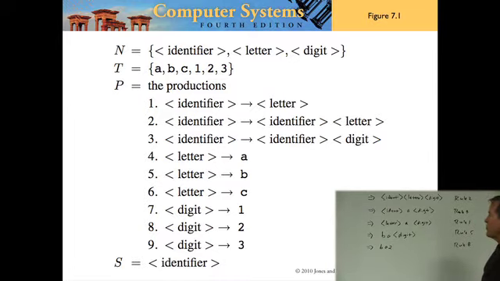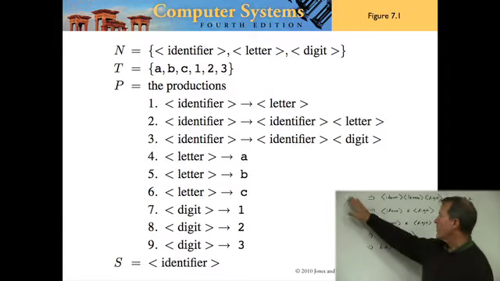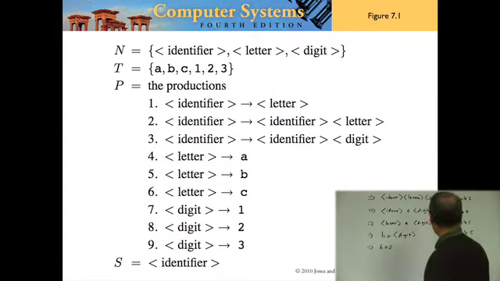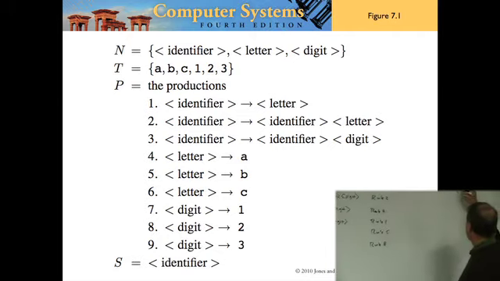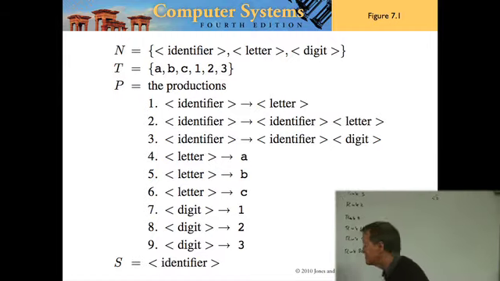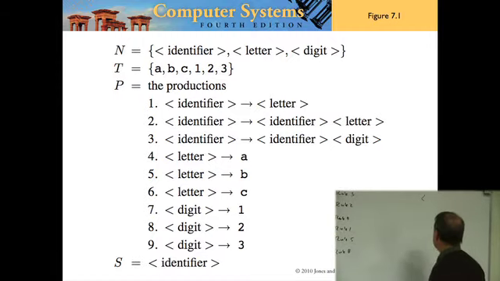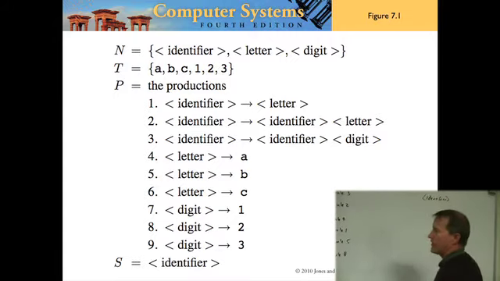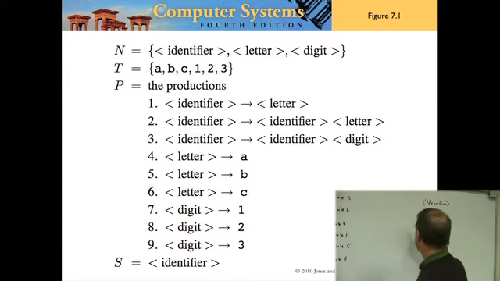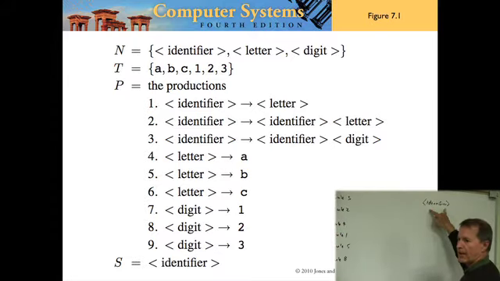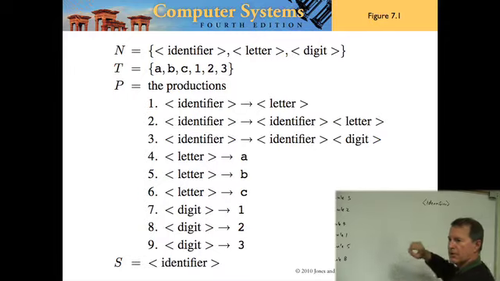The way a syntax tree works is you start with the start symbol at the top. So over here, we start with identifier. Each time we use a rule, the one we're using the rule for spawns children at the next generation.